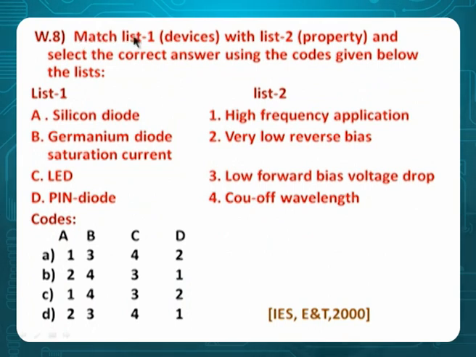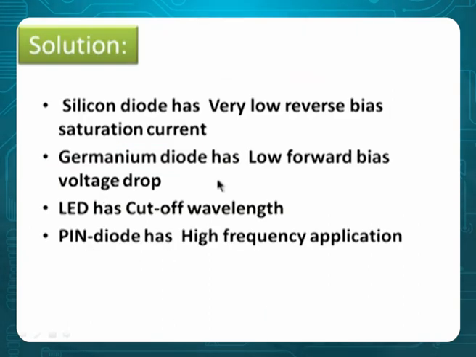Problem 8. Match list 1 with list 2 properly. Devices and the property: silicon diode, germanium diode, LED, PIN diode. If you know at least two diodes, you can make it. Silicon diode has a very low reverse bias saturation current, because in silicon, reverse current is in nanoamperes.